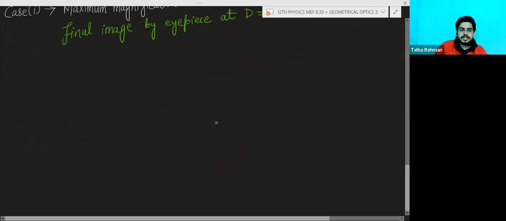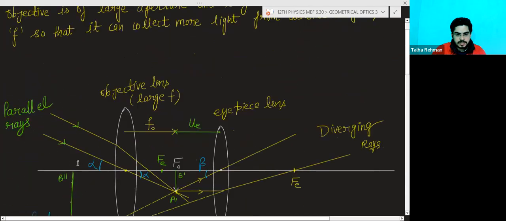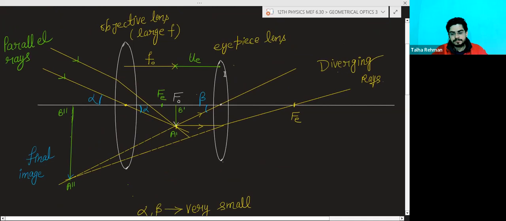Okay. So in this case, the final image is forming at a distance of D. So this distance, this is the final image, this distance you have to take as D. And this distance will be taken as negative because you will measure the distance from the eyepiece lens, because the final image is formed by the eyepiece lens.